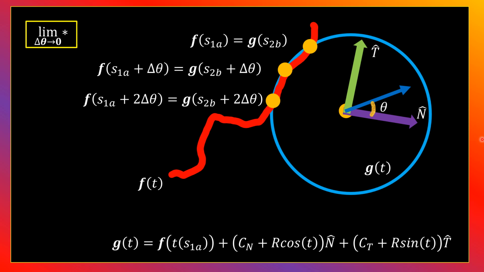Also from geometry, we know that a change in arc length, delta s2, is equal to the radius of the circle r multiplied by delta theta.